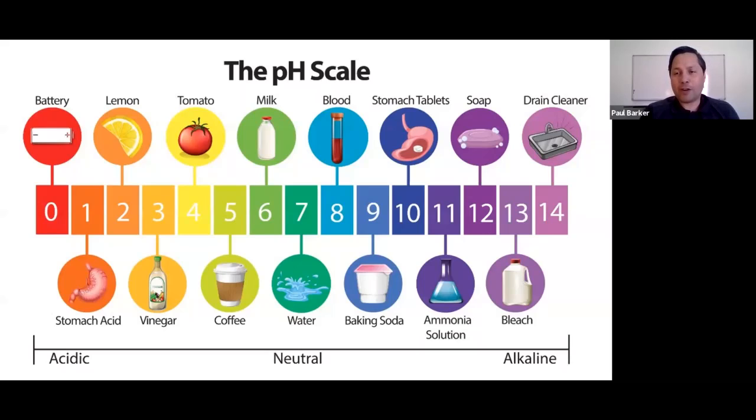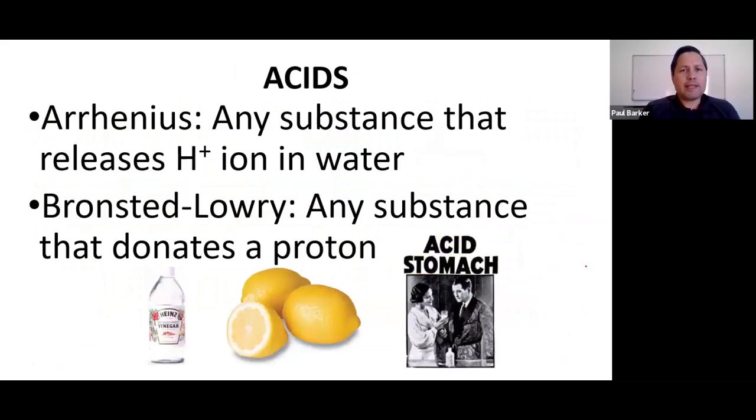That's a very, very powerful base. Now, another word for basic is alkaline. So you notice way at the bottom, on the bottom left, they have acidic. And opposite of acidic, they should have basic, but instead they chose to write alkaline, which is another way of writing basic.